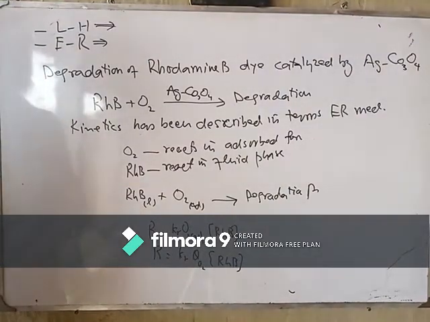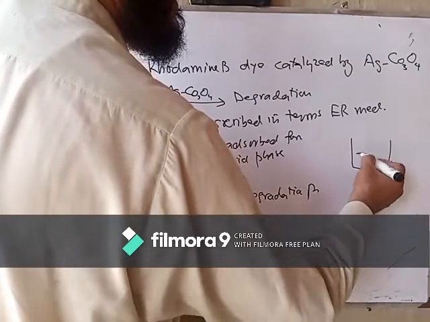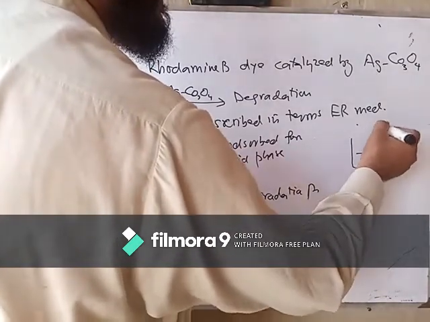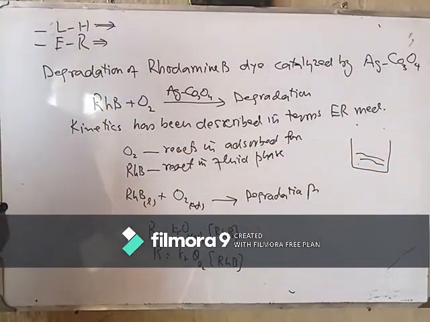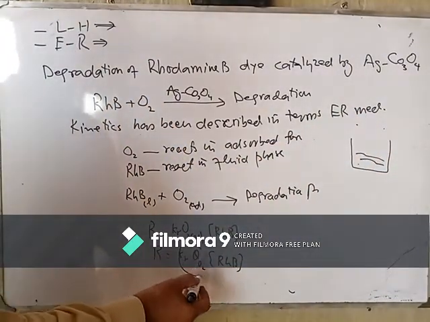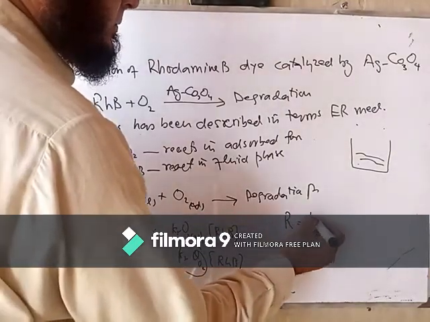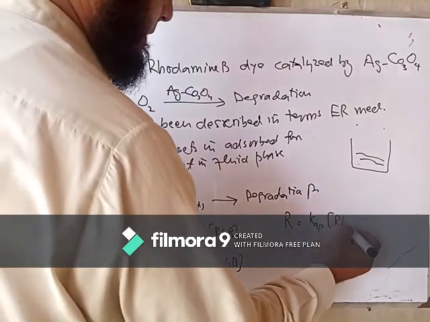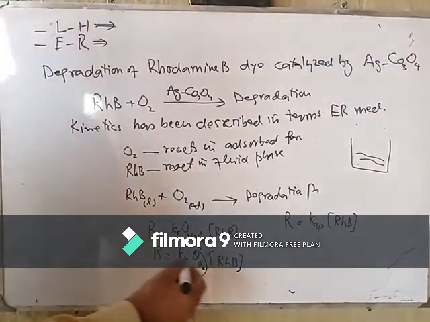This reaction has been studied in a beaker open to atmosphere. This is the reaction mixture, so it is open to atmosphere. Hence, the pressure of oxygen is constant. So therefore, we combine these. Then the rate is equal to K apparent and the concentration of RhB. So this is a simple first order equation.